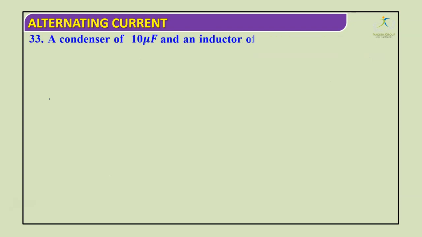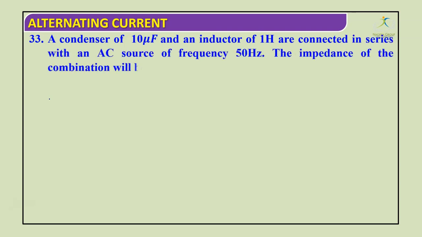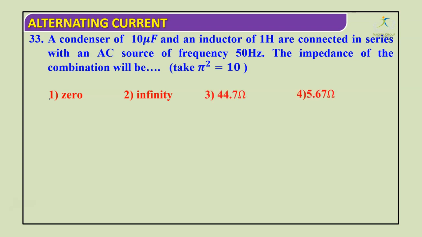Next question we have, a condenser of 10 microfarad and an inductor of 1 Henry are connected in series with an AC source of frequency 50 Hz. The impedance of the combination will be, take pi square as 10: 0, infinity, 44.7, 5.67.